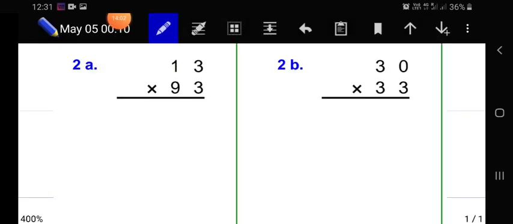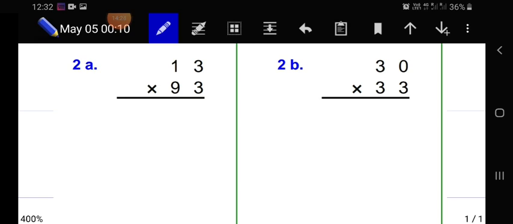After that, we will multiply the 9 with the 13. After multiplying both the numbers separately with 13, we will add the solutions of both, and then we will get the solution of our multiplication.